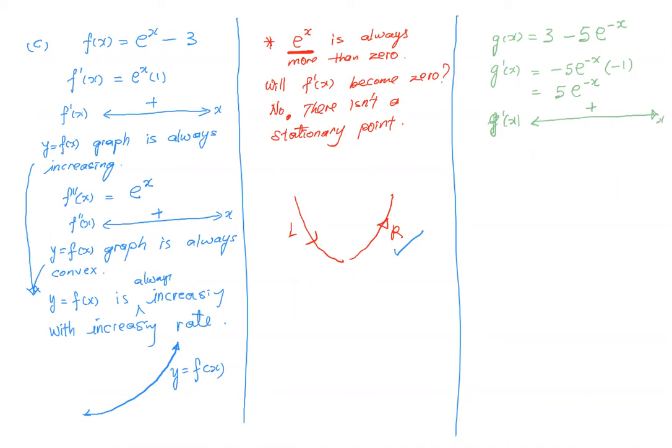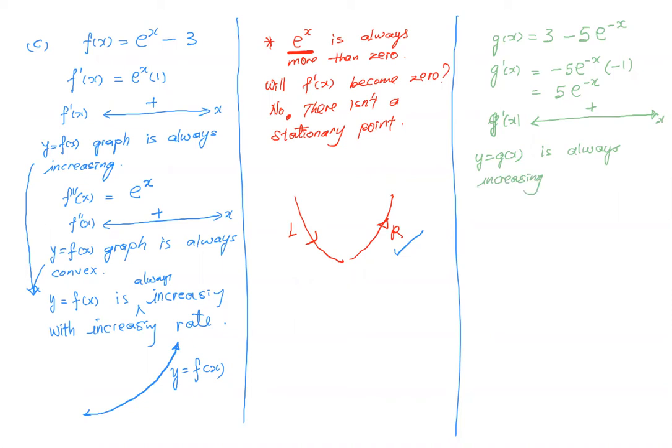So how do you interpret this? y equal to g(x) is always increasing. Correct?